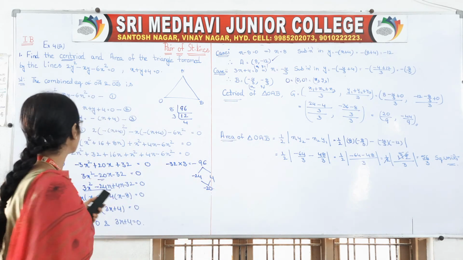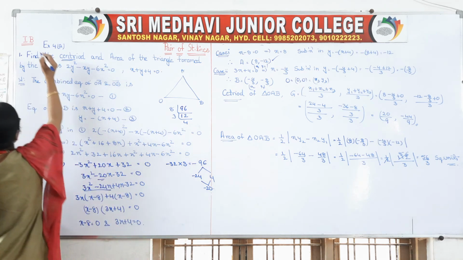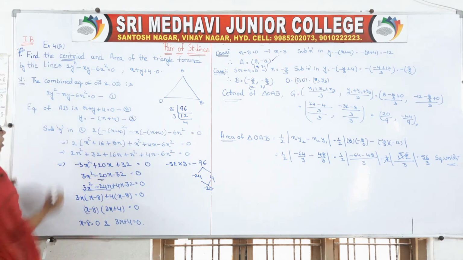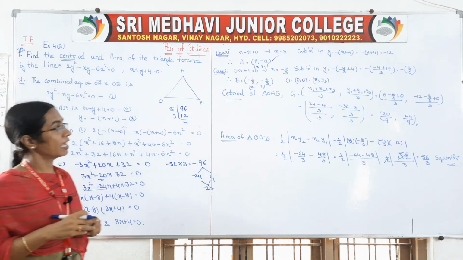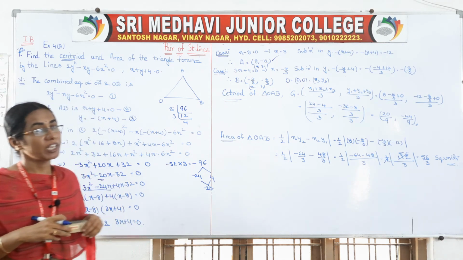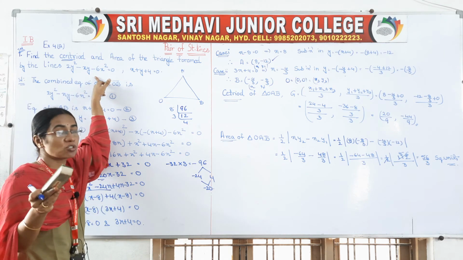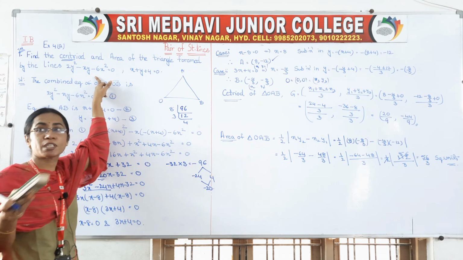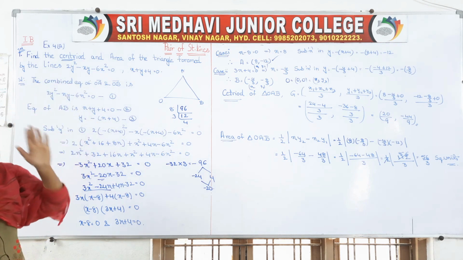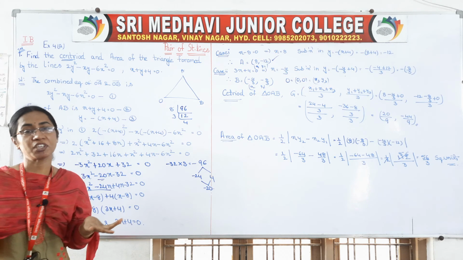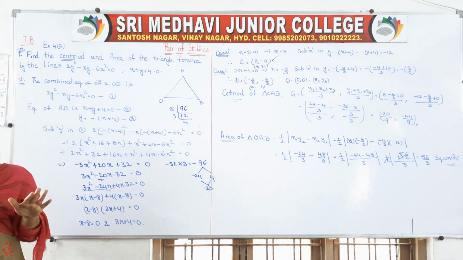This is a most repeated 7 marks question from this exercise 4A of pair of straight lines. Whenever any curve is in the form of ax square plus 2hxy plus by square is equal to 0, it is the combined equation of OA and OB.